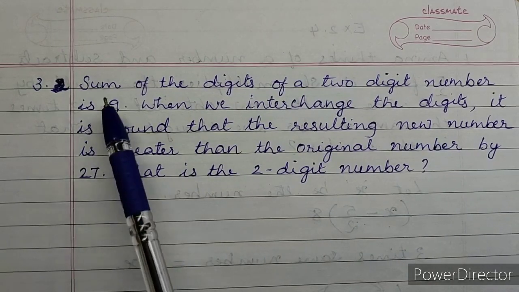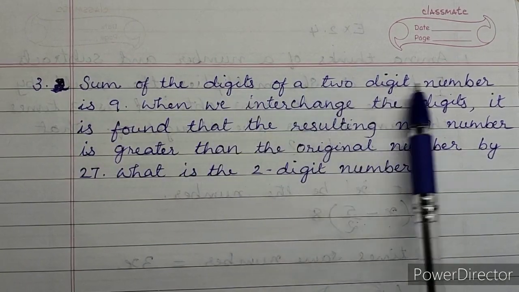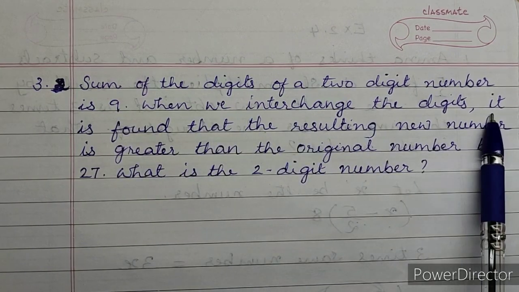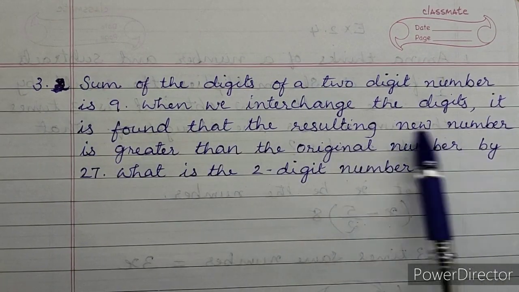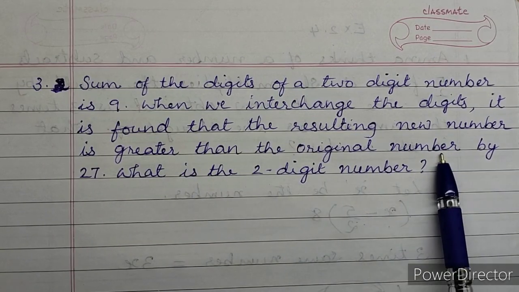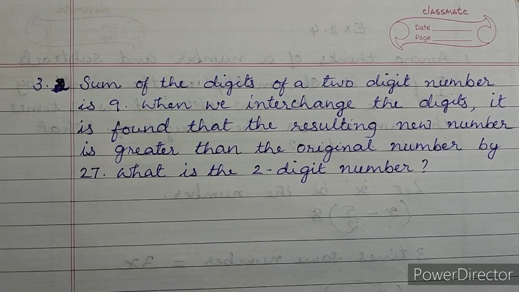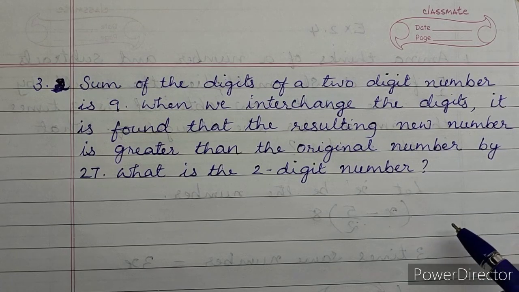Next, sum of the digits of a 2-digit number is 9. When we interchange the digits, it is found that the resulting new number is greater than the original number by 27. What is the 2-digit number? So 2-digit number, both unit place digit and tens place digit are unknown.